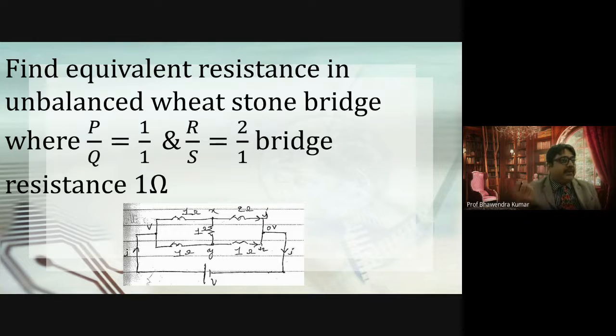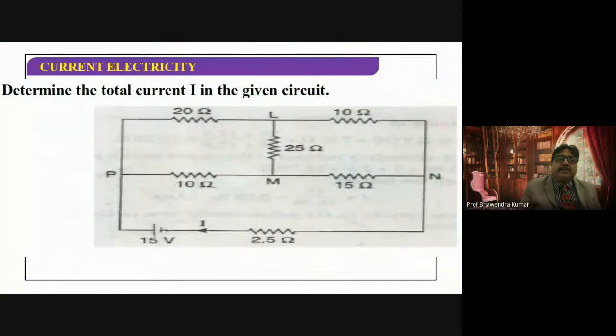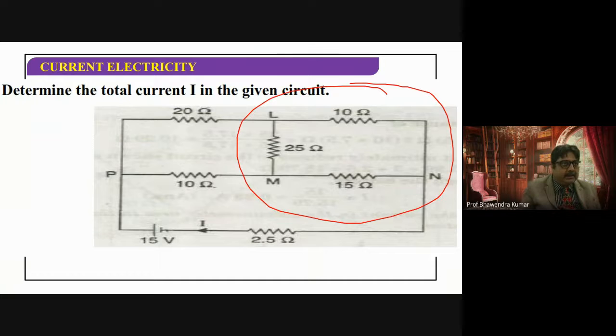So again, we can find a delta here and convert that delta to star, just like the previous question. Can you see the similarity between the present question and the previous question that we had done? This part we had considered delta, right?